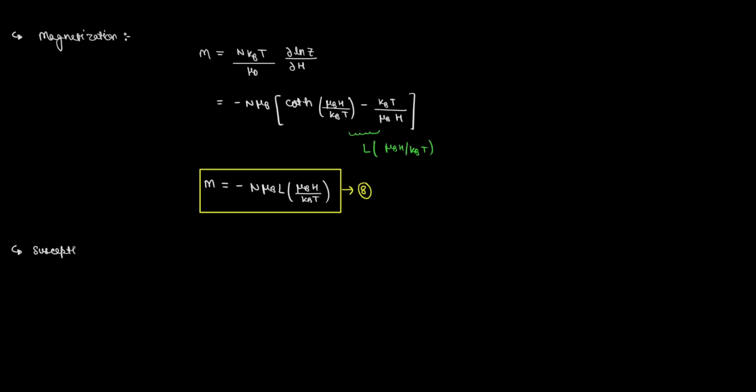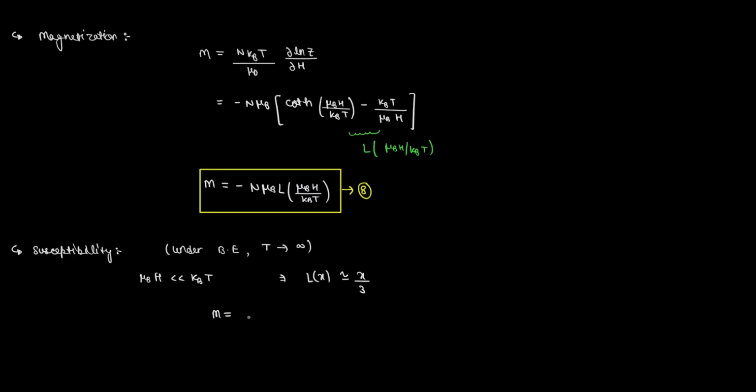Now we can calculate the susceptibility under the Bose-Einstein statistics, in which the temperature is very large, or we can say that the magnetic energy is very less than the thermal energy. So in that case, the Langevin function reduces to x by 3 in the first order.